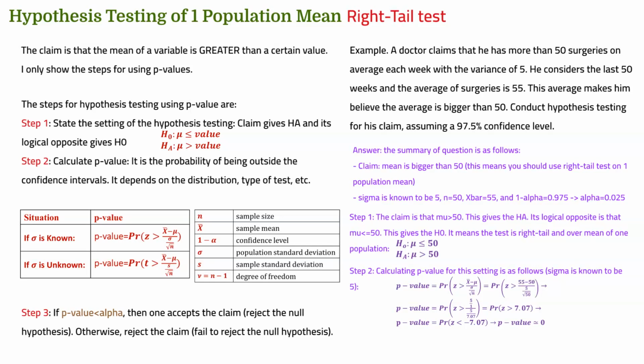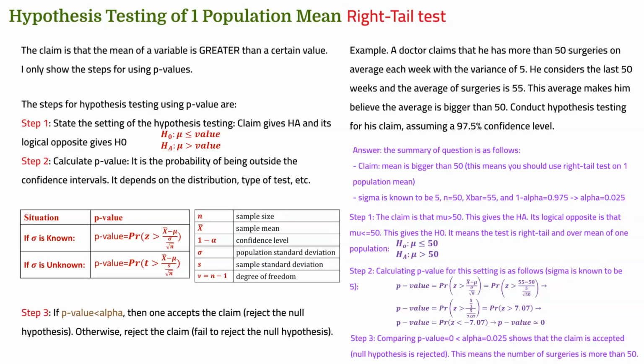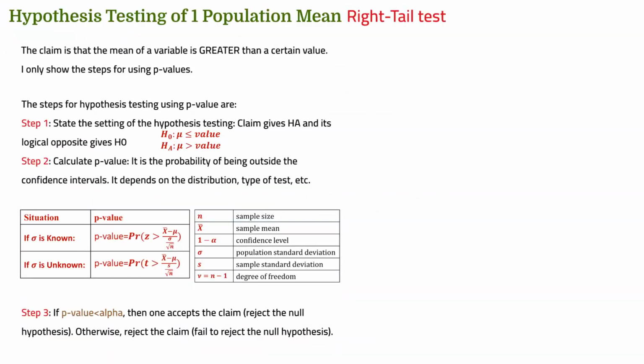Then it will be probability of z greater than 7.07, which is the same as probability of z less than minus 7.07, which is 0. Comparing p-value equal to 0 with alpha 0.025 shows the claim is accepted, or reject the null hypothesis. This means the average number of surgeries is more than 50.